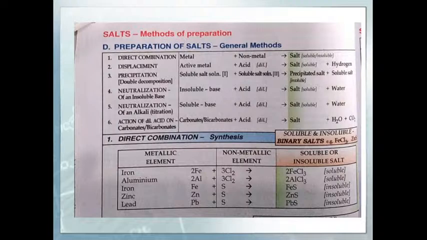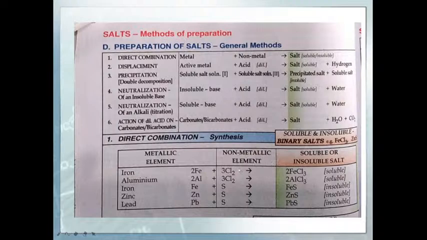All sodium salts, all potassium salts and all ammonium salts will be soluble. And as we have just discussed, if a metal and non-metal combine with each other, they can form either soluble or insoluble salt. It means both kinds of salts can be produced.